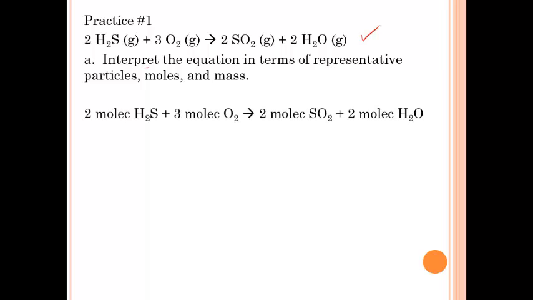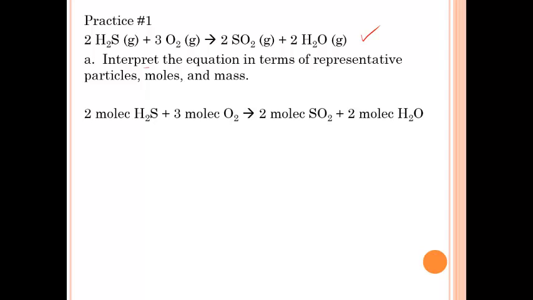So we have 2 molecules of the hydrosulfuric acid, H2S, 3 molecules of oxygen. We have 2 molecules of the sulfur dioxide, and 2 molecules of water. So we're just taking our balanced equation, our coefficients, and that is representing, in this case, molecules.